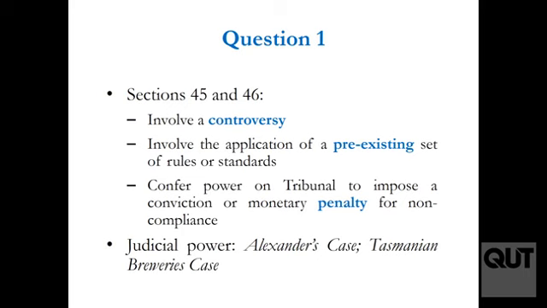If you had a fact that said something like the tribunal can on its own motion do this, that's not a dispute, that's not a controversy, okay? Can't do that. It seems to involve the application of a pre-existing set of rules or standards. It's set out in the legislation. And it confers power on the tribunal to impose a conviction or monetary penalty for non-compliance. So that's fine as well.